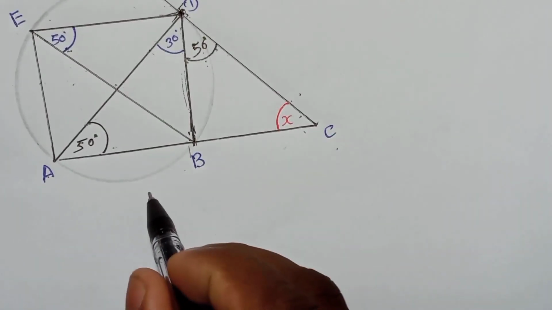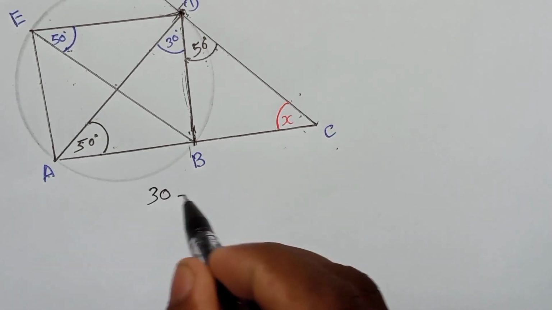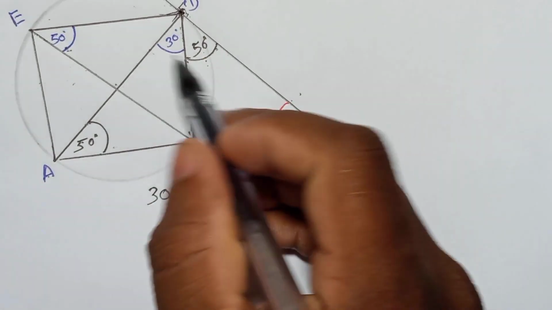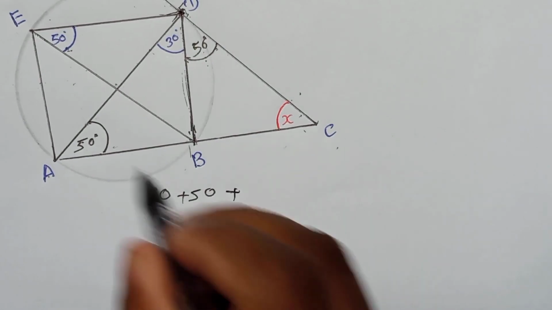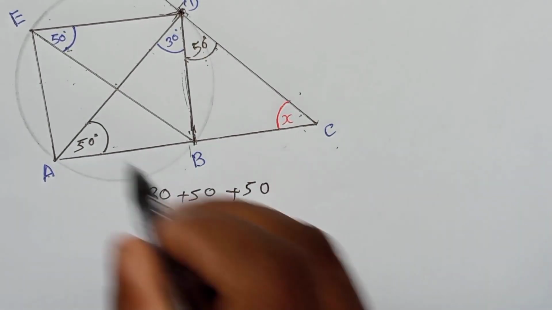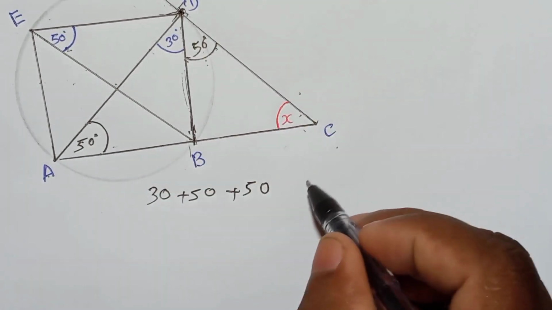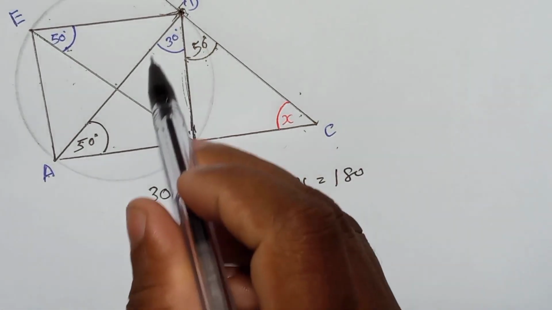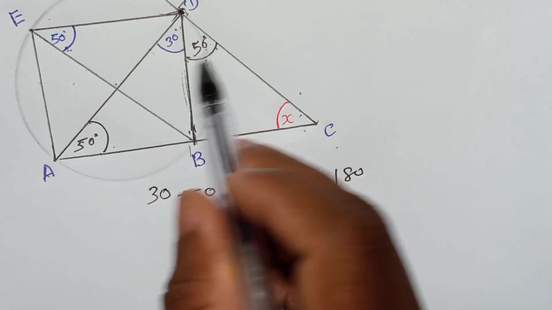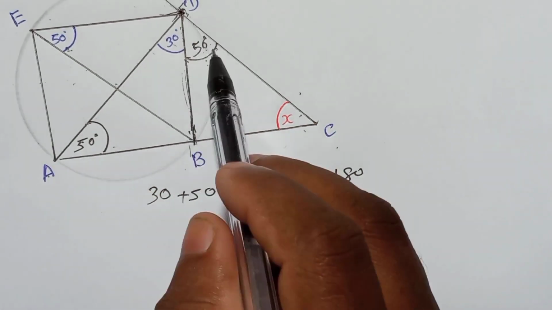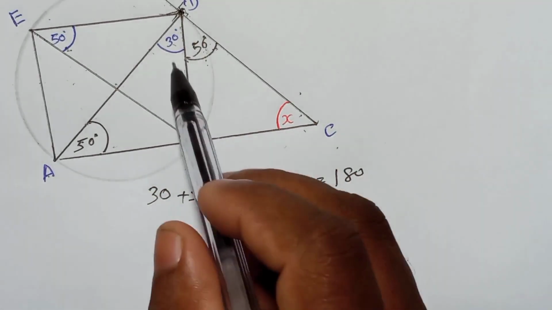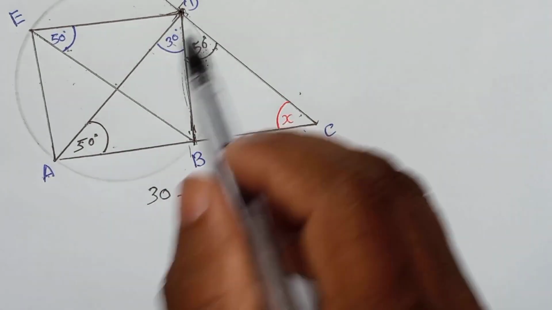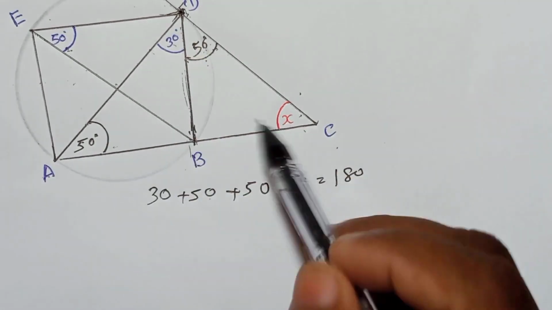So I will write 30 plus 50, which means both together, plus 50, that means this angle, and then plus x must be equal to 180. Here both together make 80, but I wrote 30 plus 50 like that. Try to understand, ADC triangle, I use the interior angle sum.